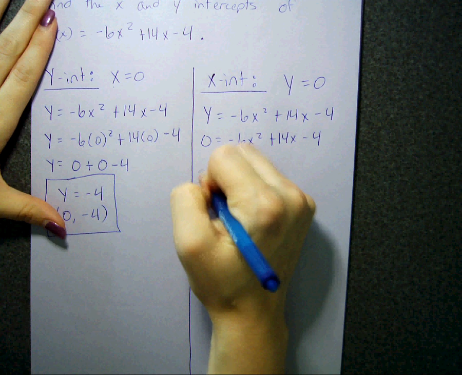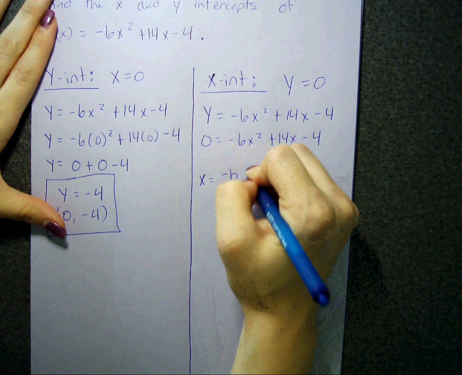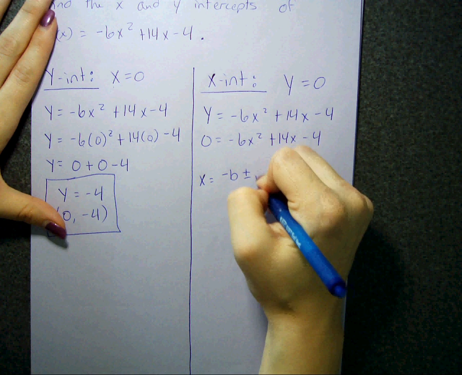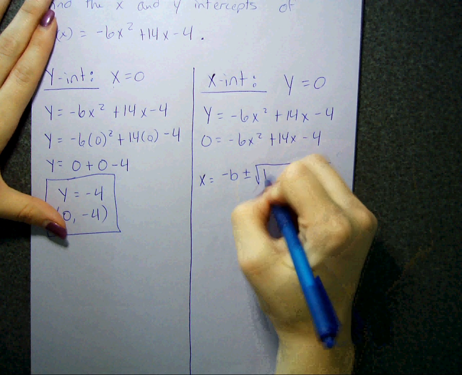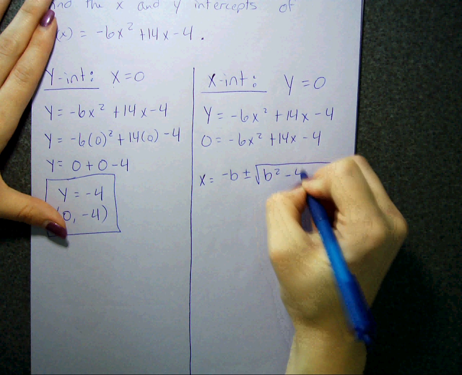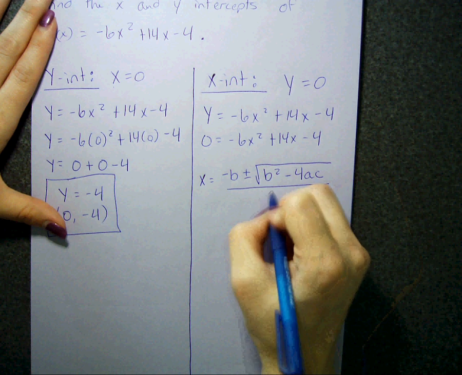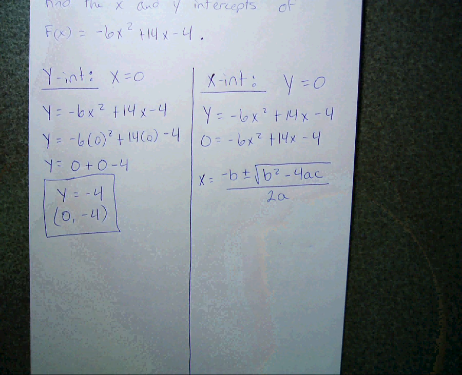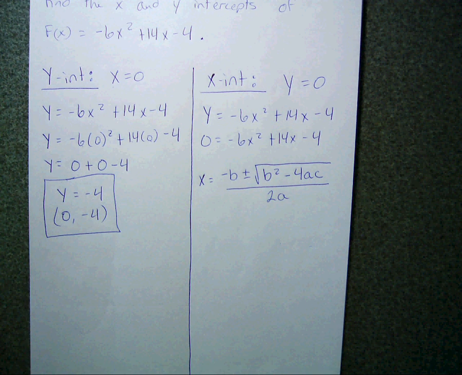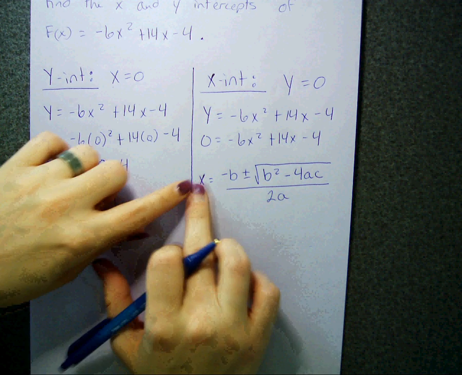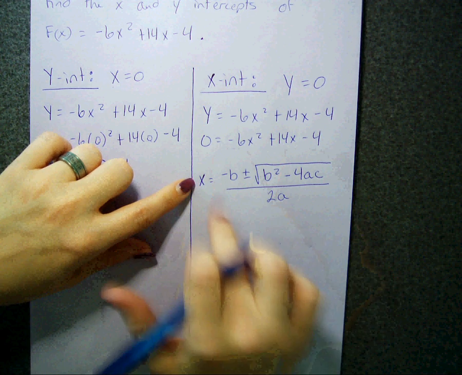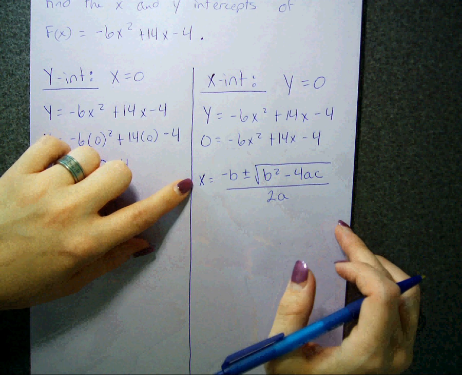So I have x equals negative b plus or minus the square root of b squared minus 4 times a times c all over 2 times a. Now notice this is x equals a number. A, b, and c are just numbers.